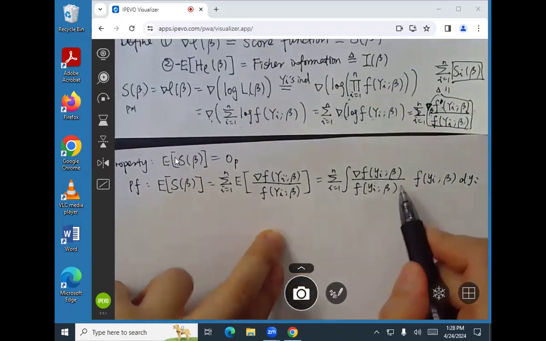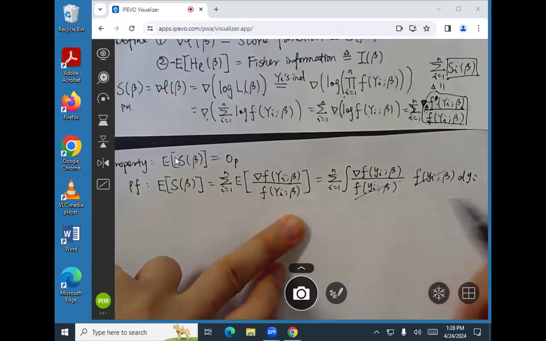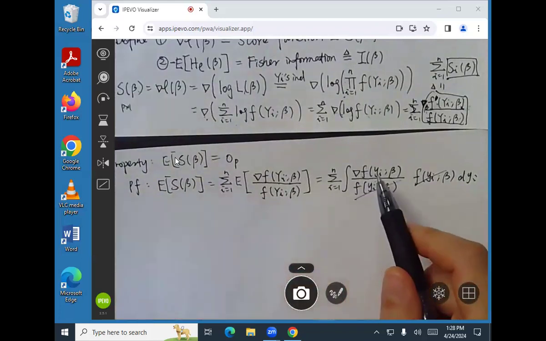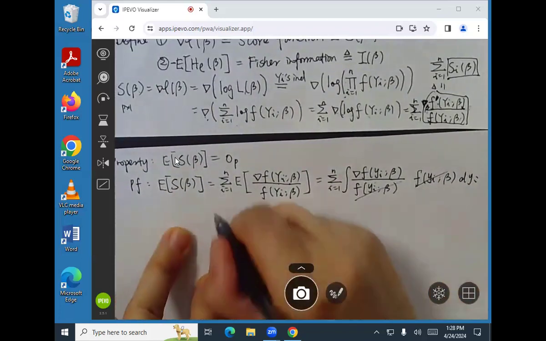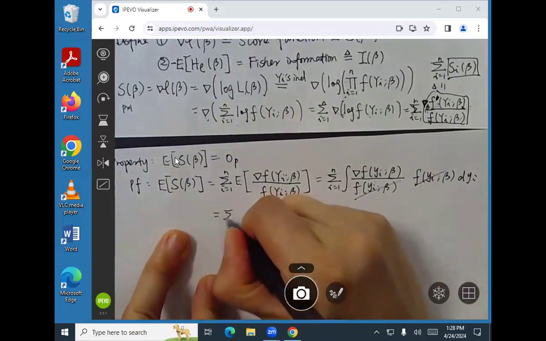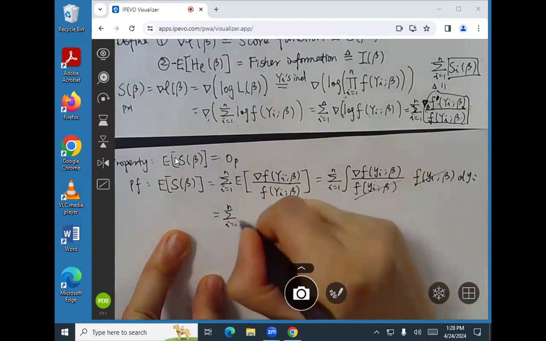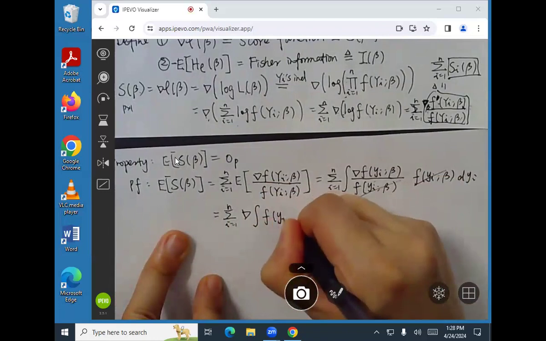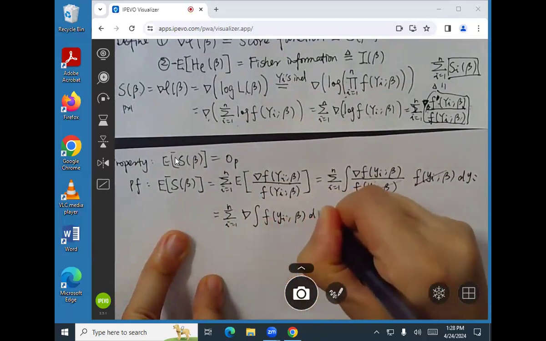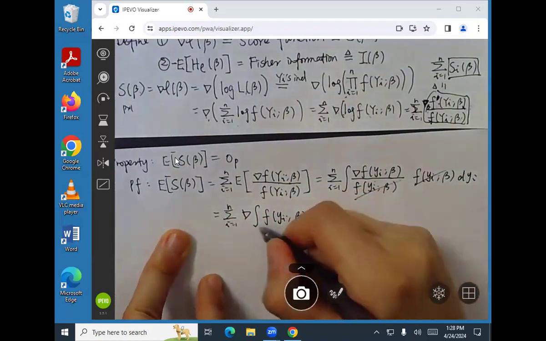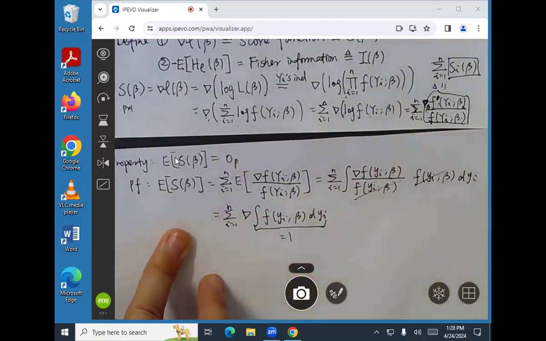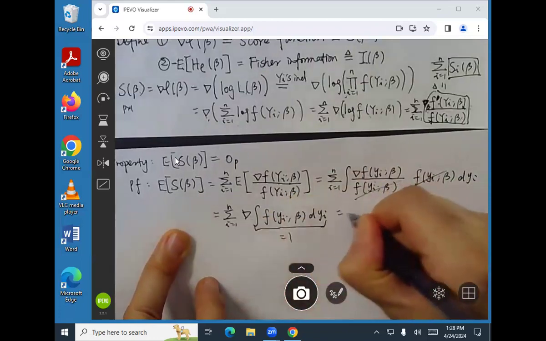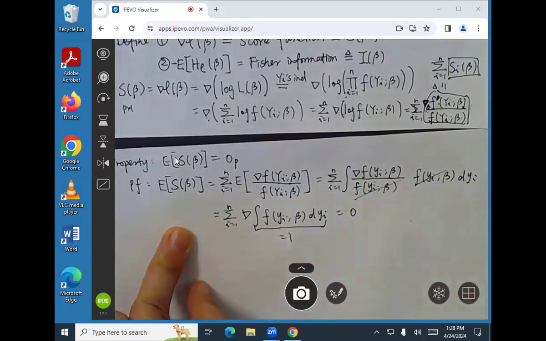And then, of course, you can see cancellation. This and this get canceled. I'm only left with the gradient term. Now I move the gradient outside the integration. It's the gradient of the integral of f(y_i, beta) dy_i. And of course, this is known to be equal to 1. If it's 1, we take the derivative against beta, and we get 0. So that's how we prove it.